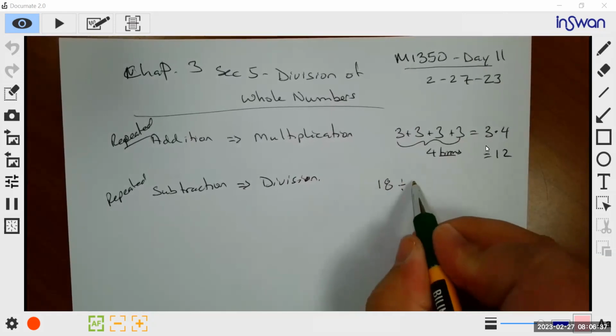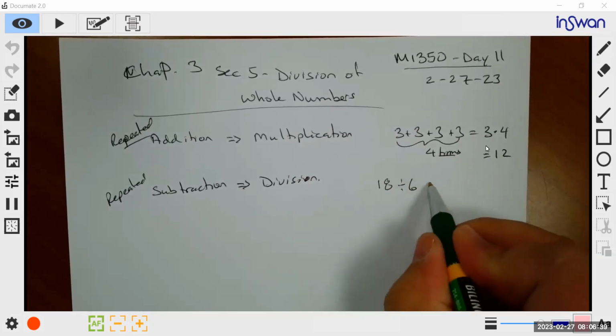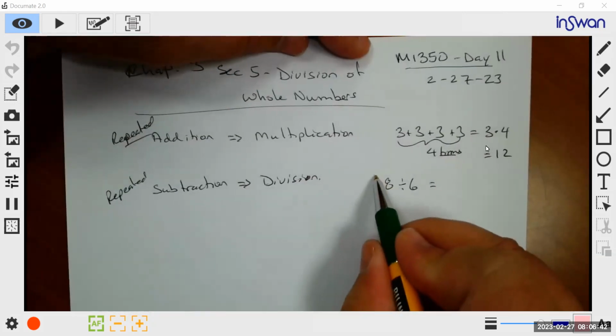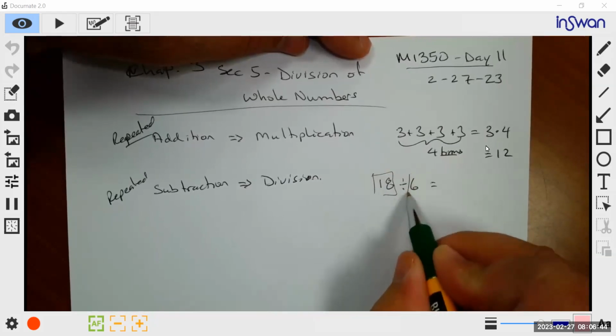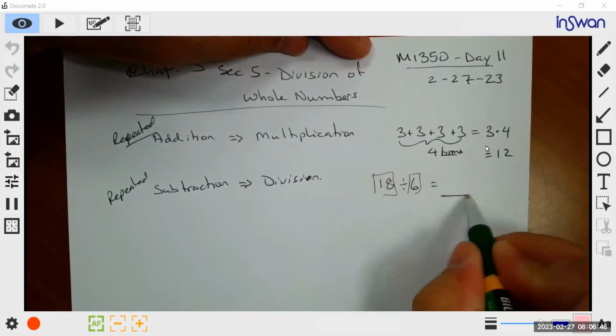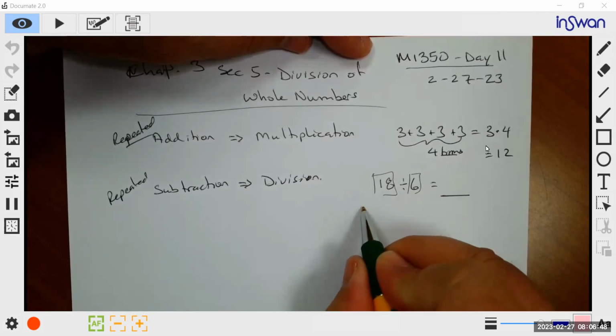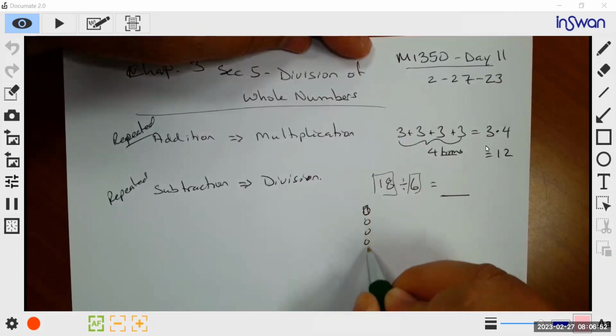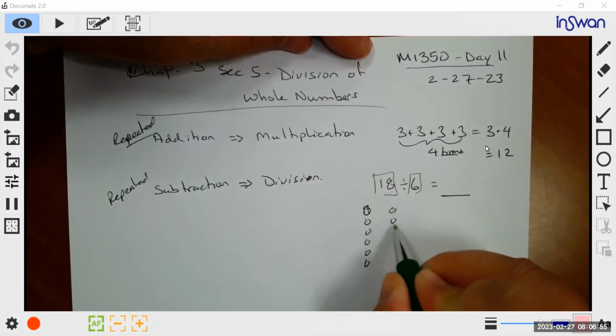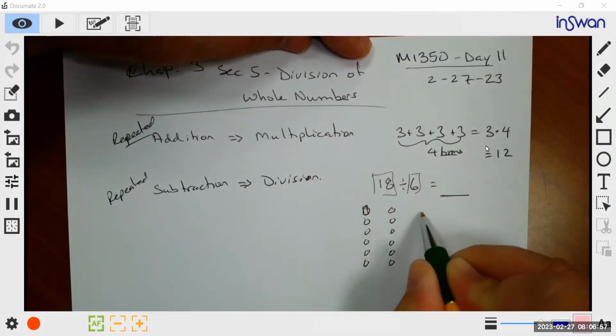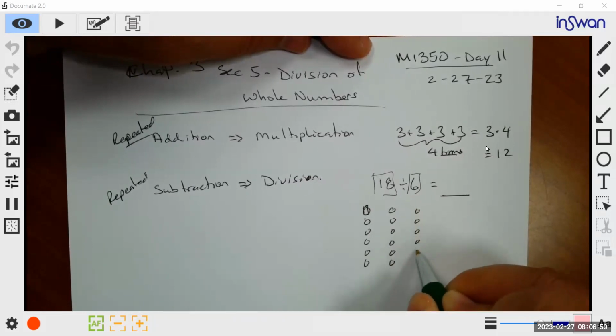18 divided by 6. So we have 18 objects and we have to put them in groups of 6. How many ways can we do that? Let me use circles: 1, 2, 3, 4, 5, 6. 1, 2, 3, 4, 5, 6. 1, 2, 3, 4, 5, 6.